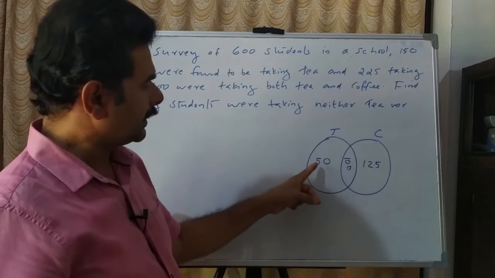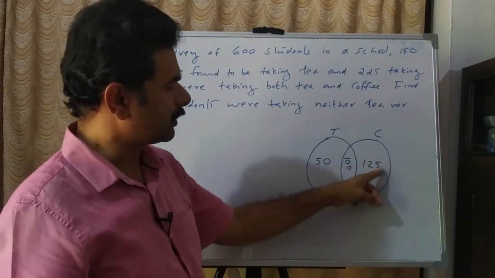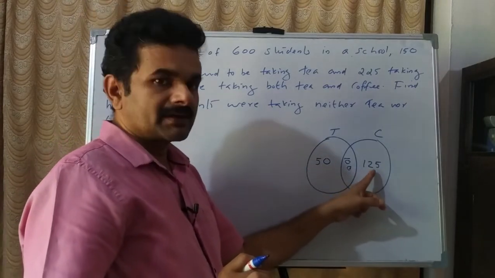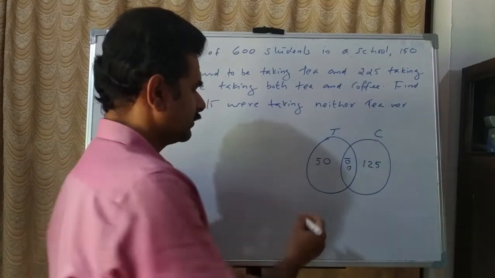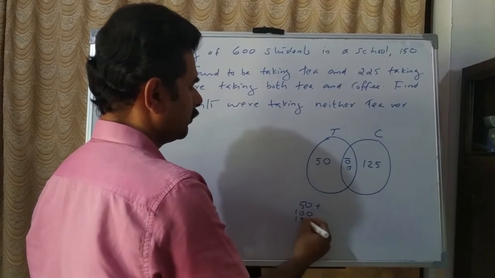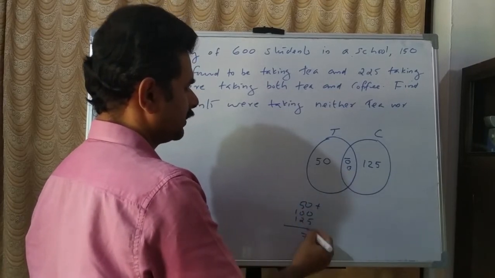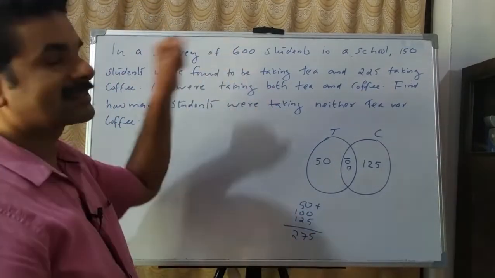Then how many people are here? 50 plus 100 plus 125. Does this represent a universal set? 50 plus 100, 150, plus 125, that is 275. But here 600.